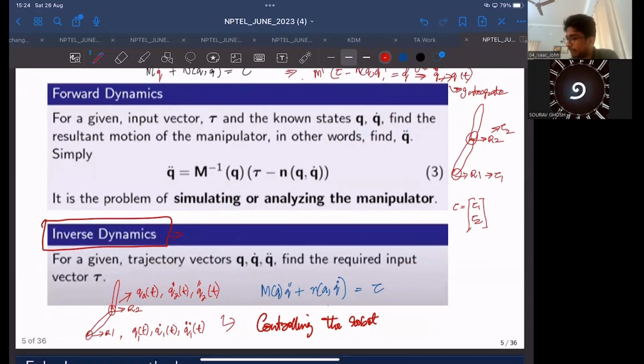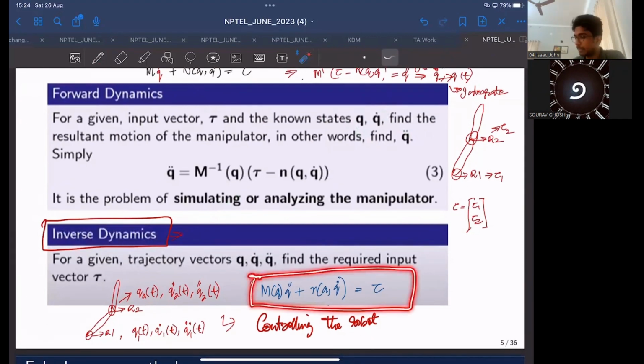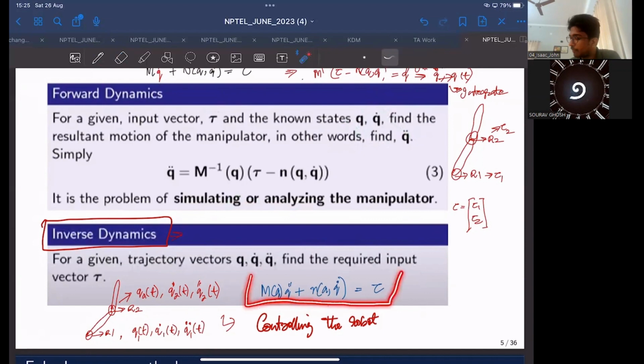And as you might have observed, you can see how important deriving these equations of motion is, basically because it will give you more important insights to simulating the robotic manipulators as well as controlling the robotic manipulator. But we haven't so far discussed how to derive these equations of motion.